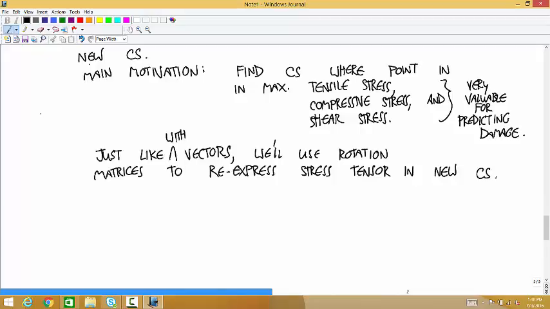Okay, so in statics, the rotation matrices I talked about were all two-dimensional. They were 2x2 matrices. Now we're going to be doing all this stuff in 3 dimensions. The ideas are the same, but there's a little more you have to worry about. So okay, let's define this rotation matrix Q.